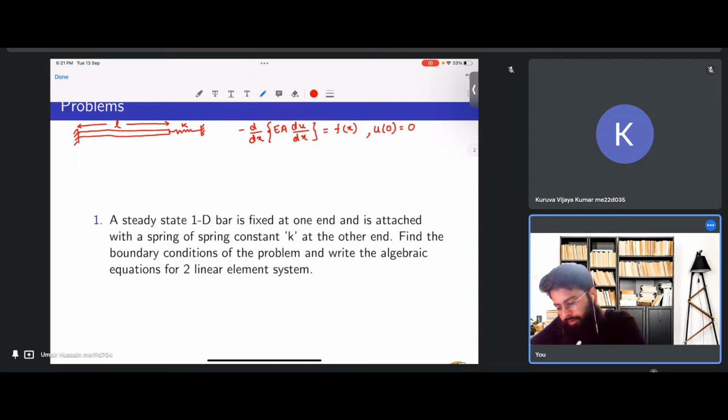EA du by dx at x equals L is equal to, what should be the force here? The force should be whatever the displacement here is, so that should be equal to u(L) times k.